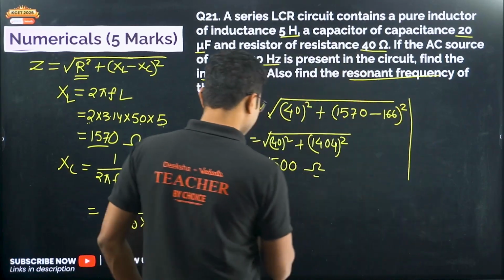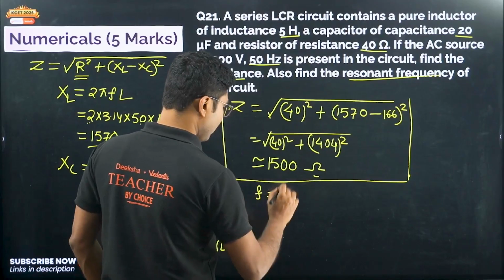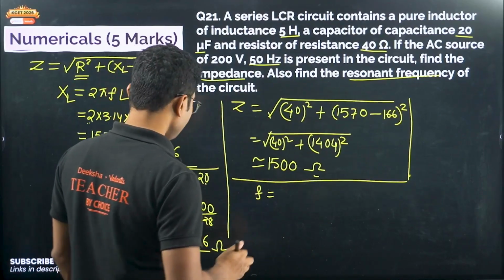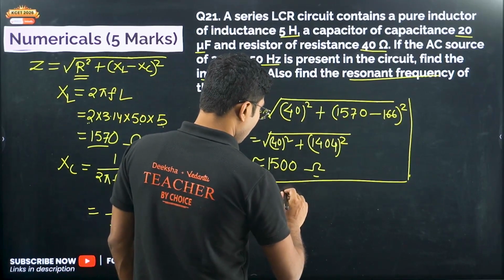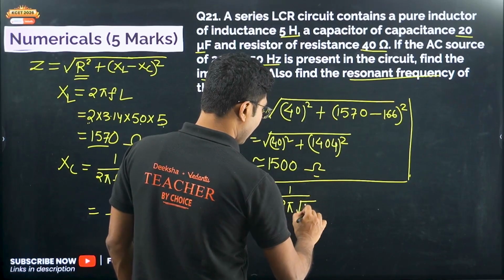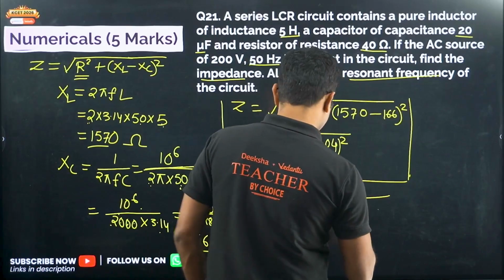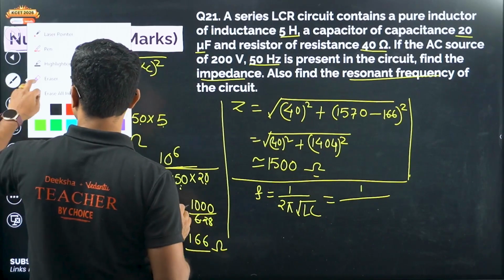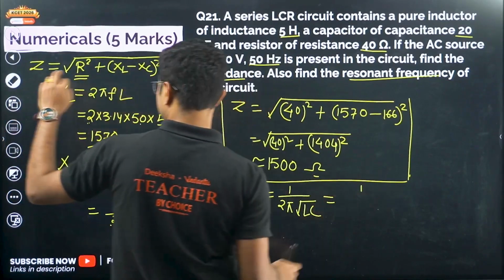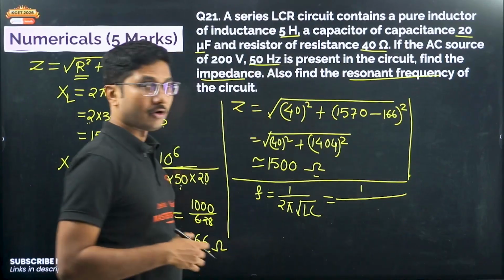frequency. What is resonance frequency? So resonance frequency is given by f equals 1 upon 2 pi square root of LC. So see, one problem with this chapter is that at times it is difficult to solve the question by hand.